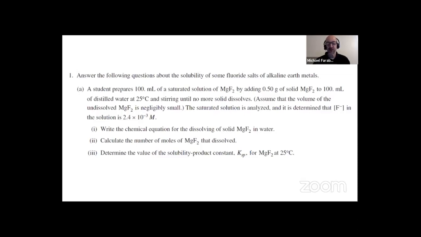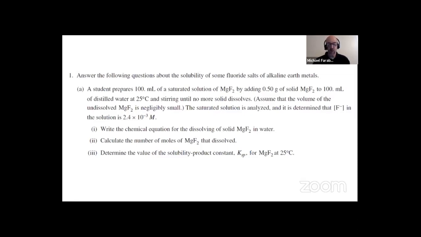Now again, it's a saturated solution, so we have to assume that not all of the solid dissolves, and at the end, this saturated solution most likely has some solid magnesium fluoride that is on the bottom of the beaker. Now, when this saturated solution is analyzed, it is determined that the concentration of the fluoride ion in this saturated solution is 2.4 times 10 to the minus 3 moles per liter.